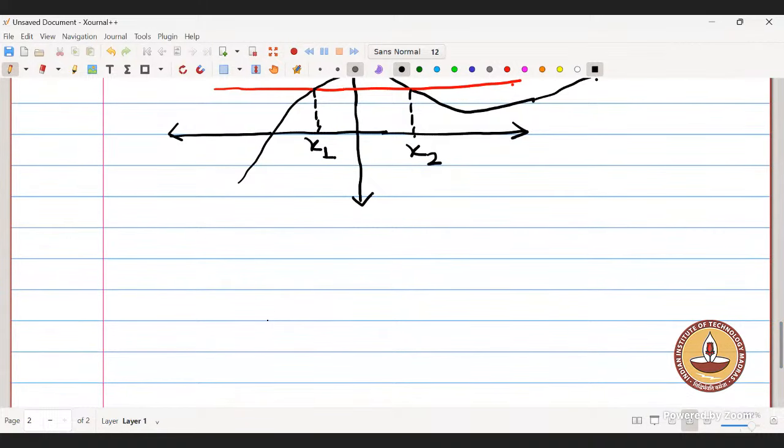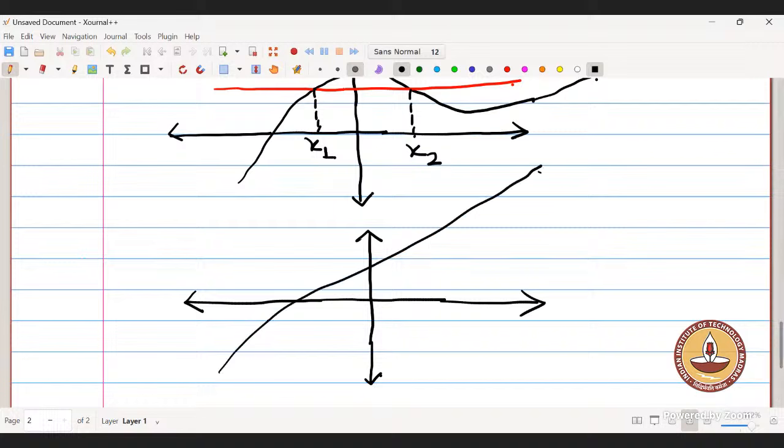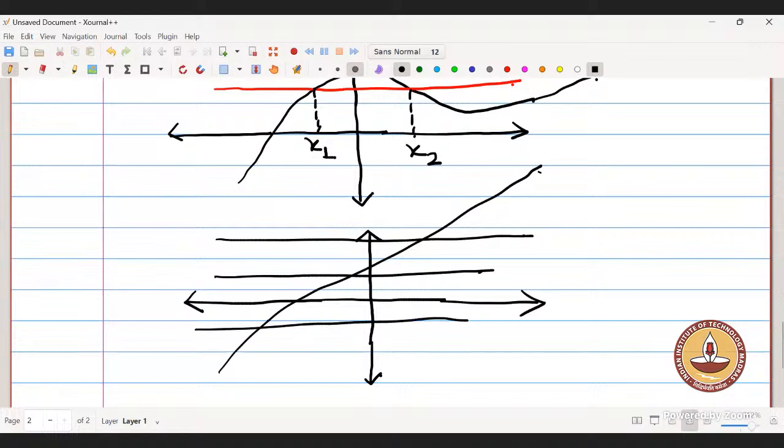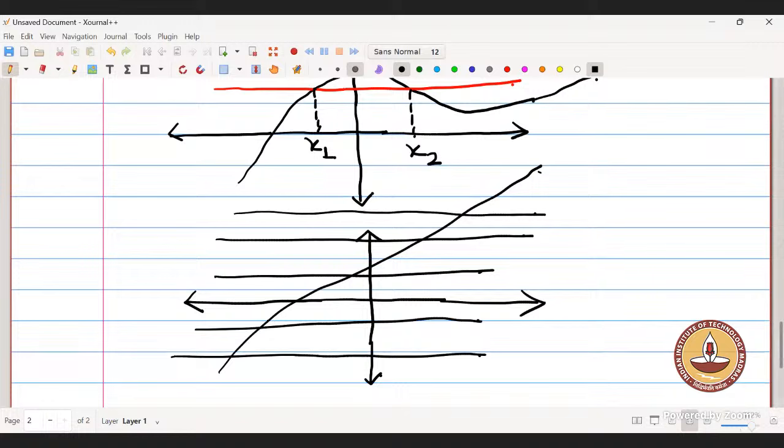So for example, if I have a graph like this, no matter what horizontal line I take, it always crosses the graph at exactly 1 point.